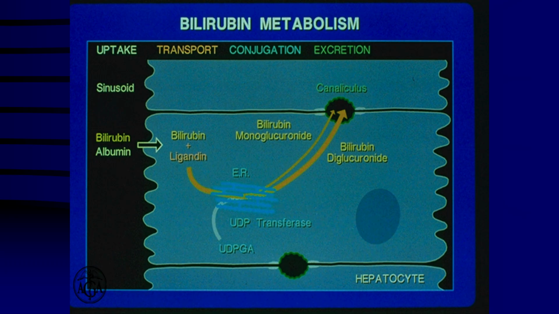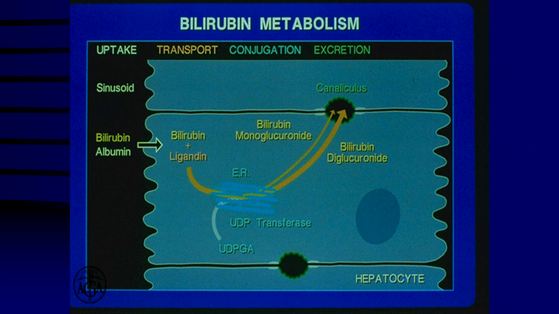So bilirubin that is generated in RE cells is carried in serum bound to albumin. Shown here on the extreme left of the slide is bilirubin bound to albumin before it enters the cell from the sinusoid, i.e. from the blood.